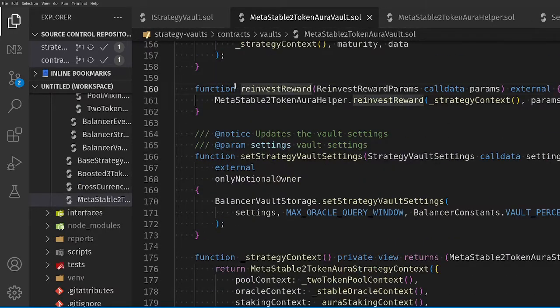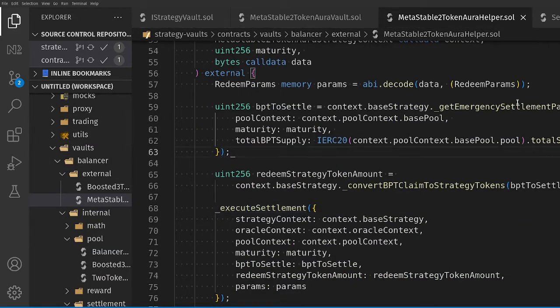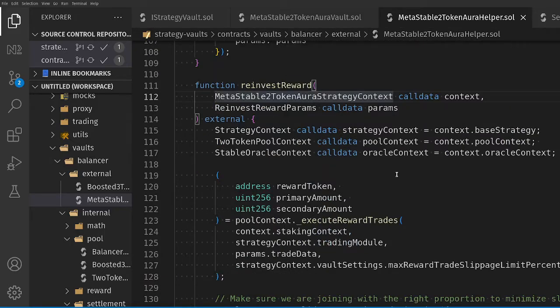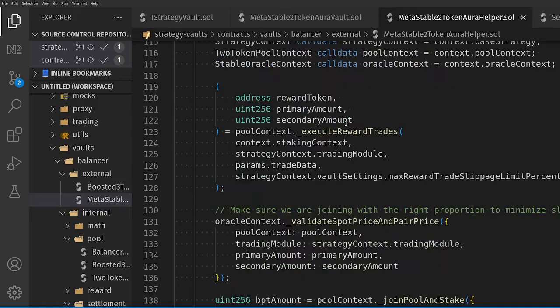Now, the last thing we'll take a look at here is reward reinvestments. As I mentioned before, when an account enters this vault, they'll have some amount of BPTs equal to their amount of strategy tokens, but over time, their claim on BPTs will increase as we reinvest the rewards into more BPTs.